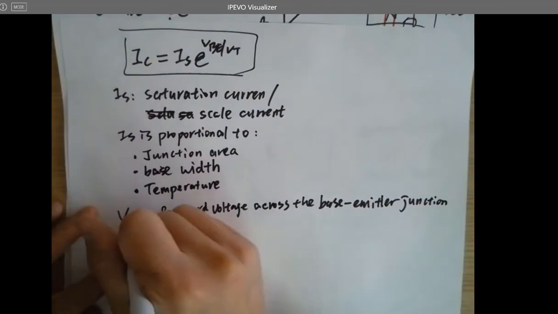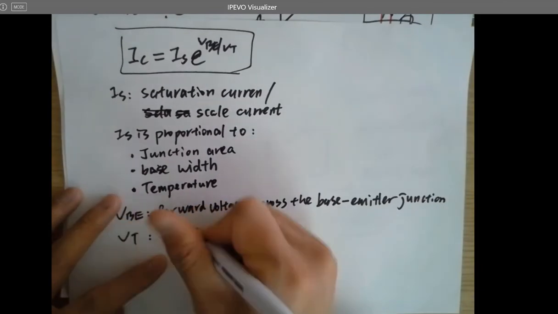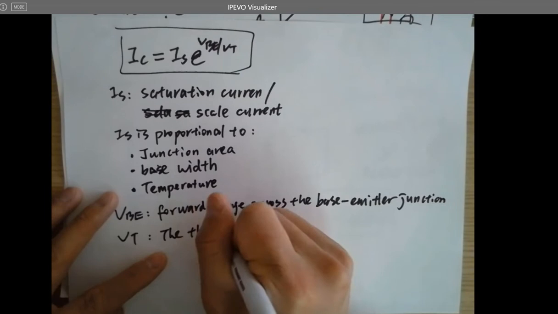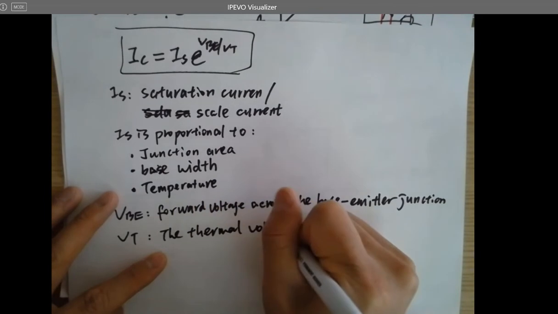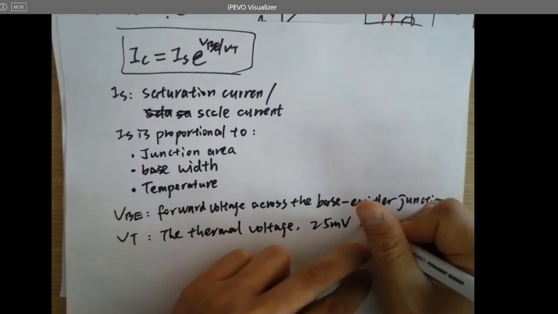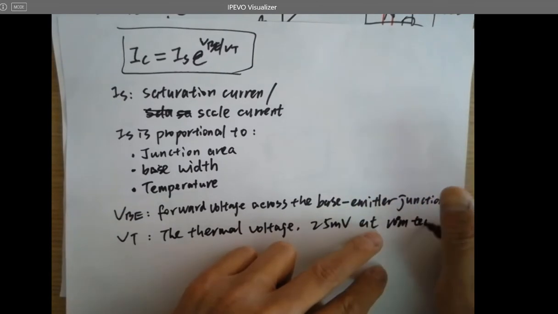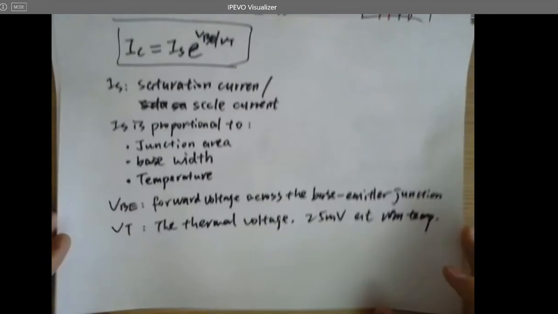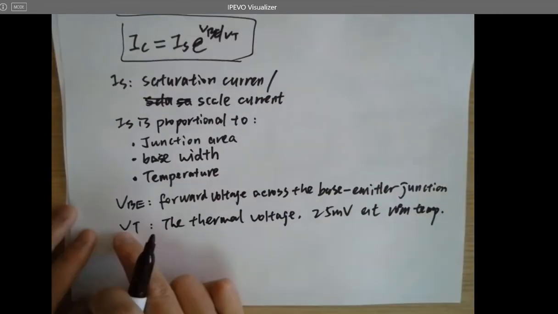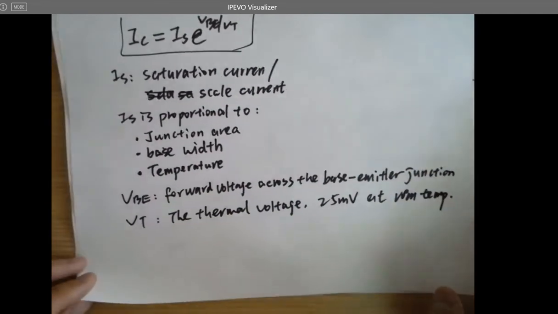So what is VT? VT is also a constant. It's a thermal voltage. So it's 25 millivolts at room temperature. And we'll never use a different value for VT. It's always 25 millivolts in this class.